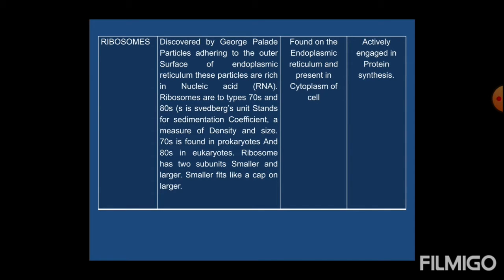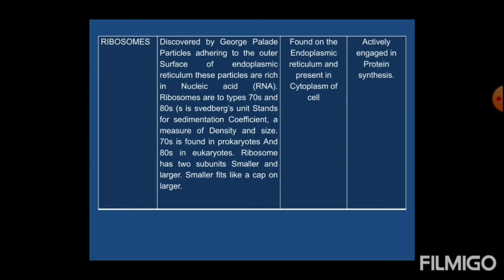Ribosomes are of two types, 70S and 80S. Now this S is Svedberg's unit, which stands for sedimentation coefficient. Now what is sedimentation coefficient? Sedimentation coefficient, that is Svedberg's unit, is the rate of speed at which the ribosome can move during protein synthesis.